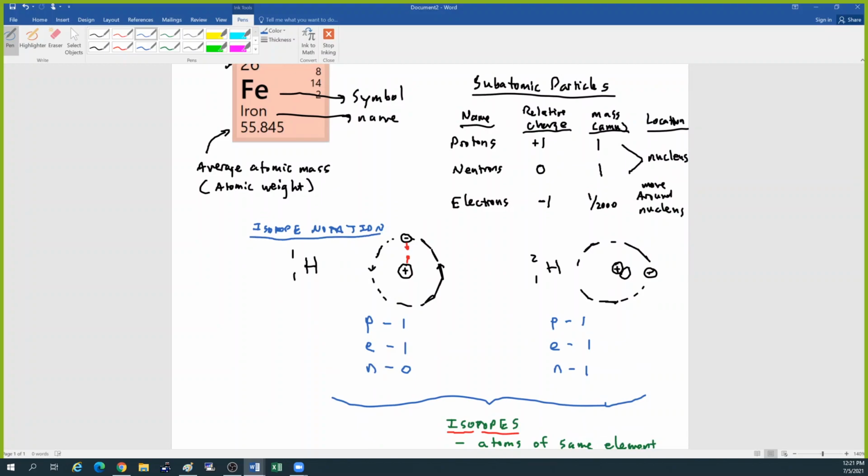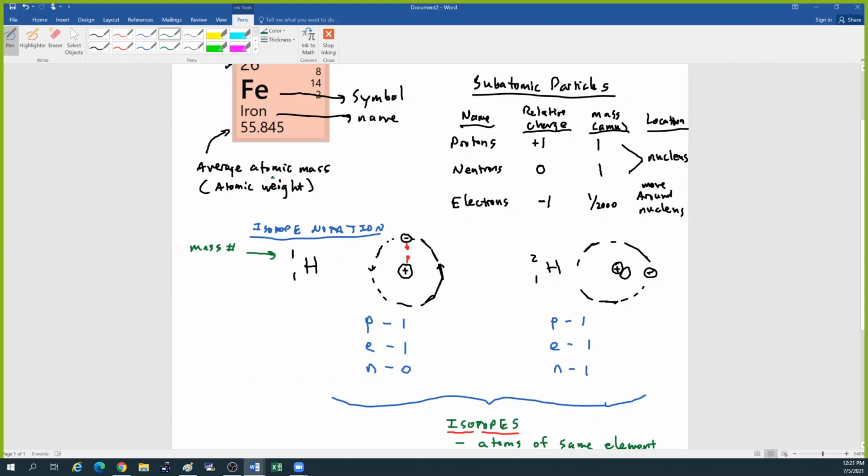Now here again, there's slightly different definitions. In this notation, the top left corner is where we put something called the mass number. Okay? The mass number is not the same thing as the average atomic mass.